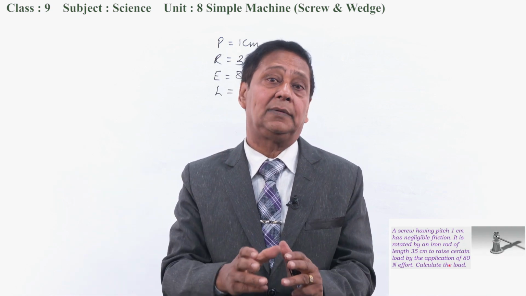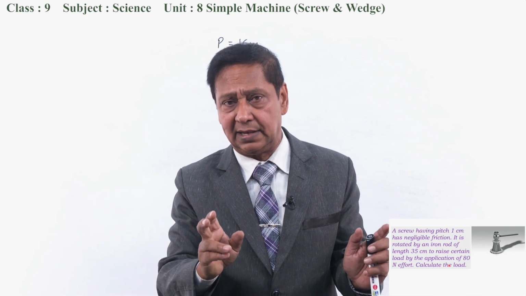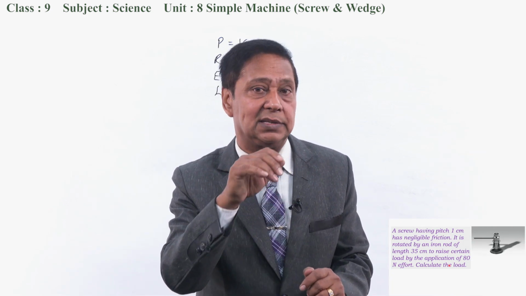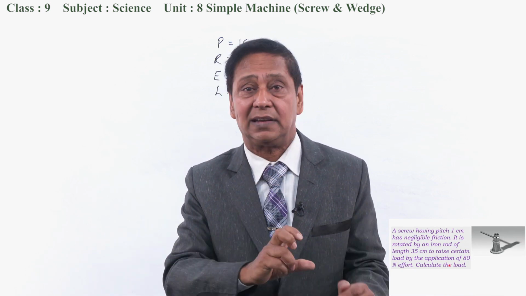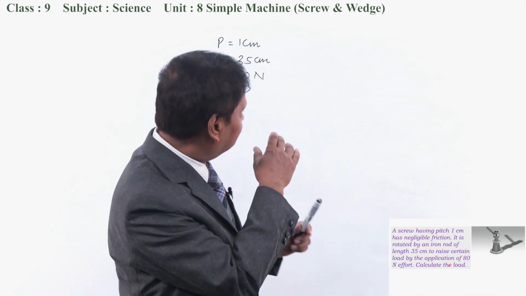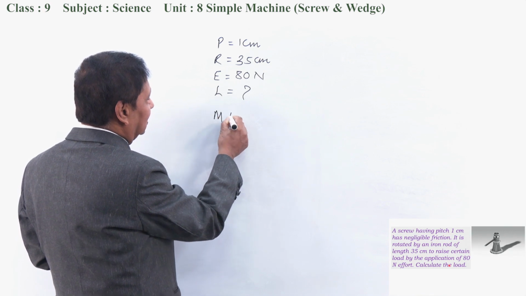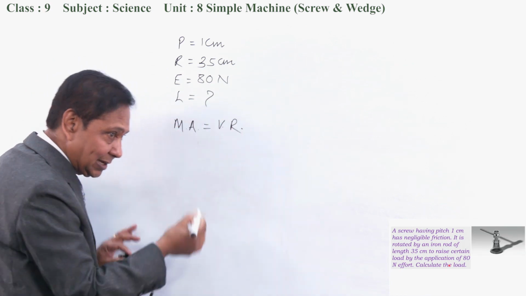In every simple machine, if it is considered to be frictionless, then efficiency is 100% and mechanical advantage is equal to velocity ratio. Mechanical advantage is not affected by friction. That's why we can use this formula. In this case, mechanical advantage is equal to velocity ratio because it is frictionless.